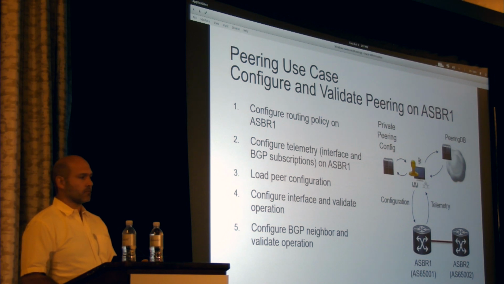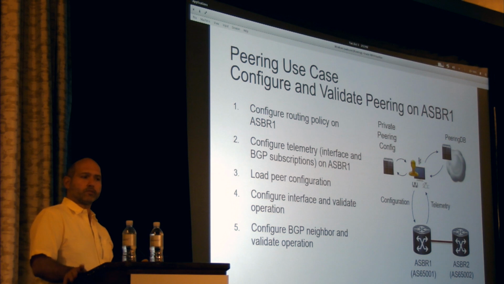Only when I get the streamed data coming back from the router showing the interface is up will the script continue execution. Then it will configure BGP, and start monitoring the BGP data being streamed back from the router. Okay. So if all goes according to plan, this is going to work in front of your eyes. So cross your fingers.